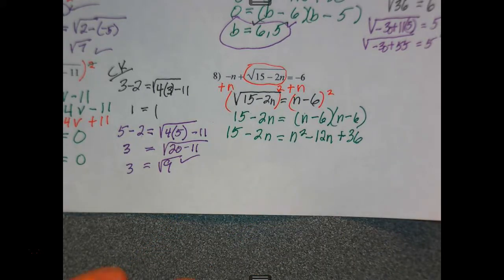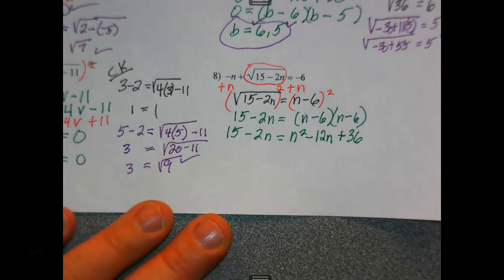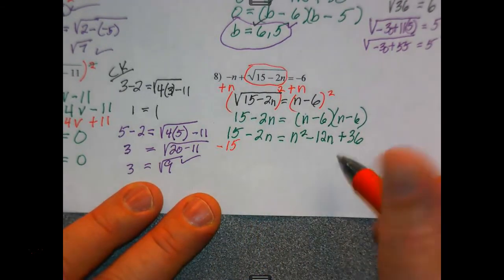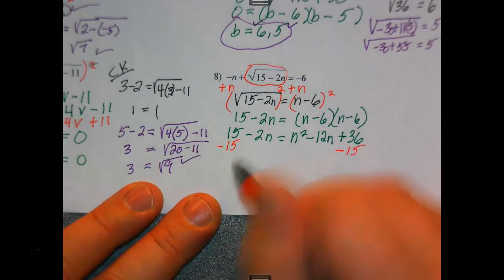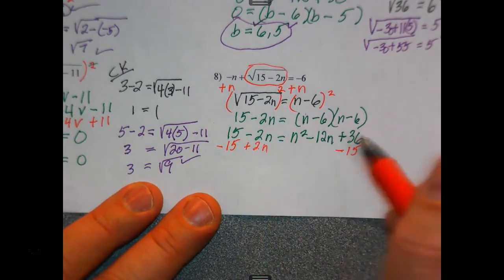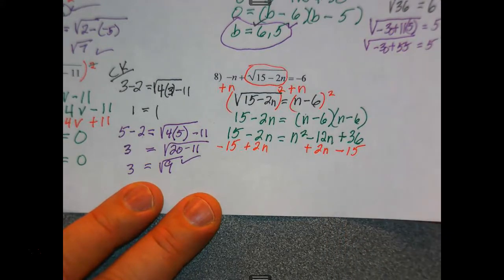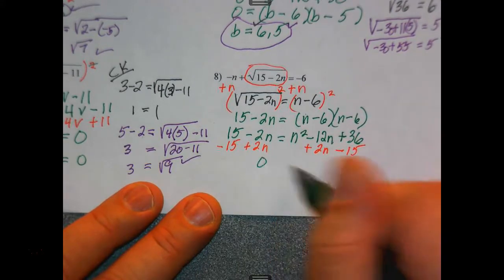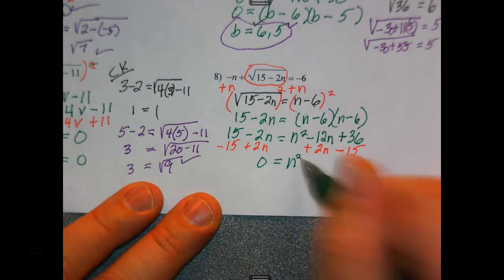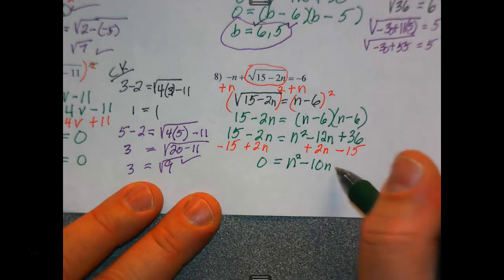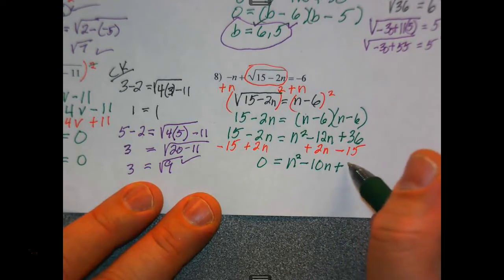I need a 0 on one side because I have a quadratic now. Okay, I'm going to subtract 15, subtract 15. I'm going to add 2n, add 2n. I get a 0. n squared minus 10n plus 21.